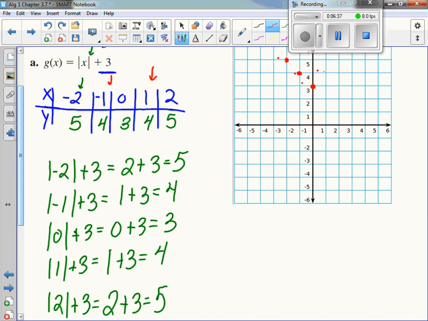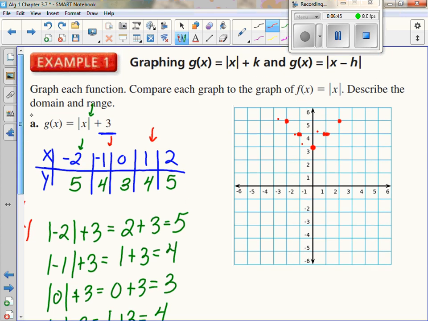1, 4. And last one is 2, 5. And then we would draw our V shape.